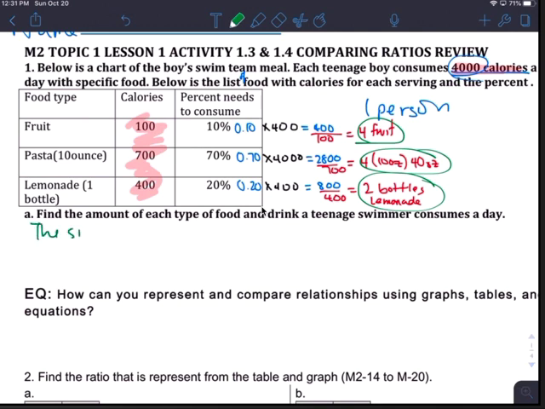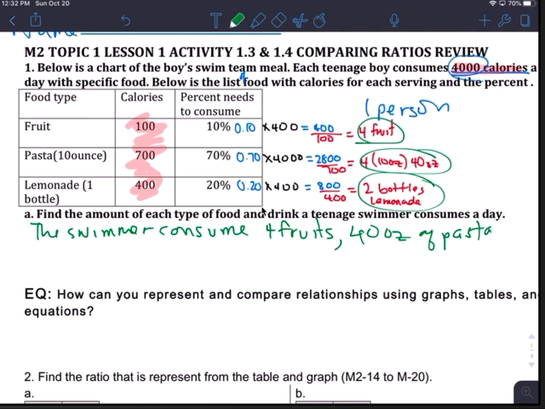The swimmer consumes 4 fruits, 40 ounces of pasta, and 2 bottles of lemonade each day.